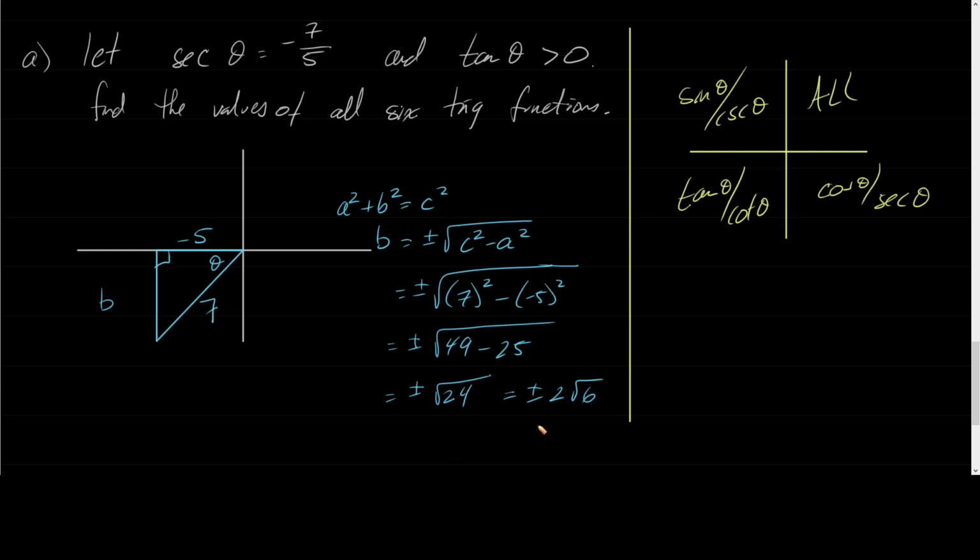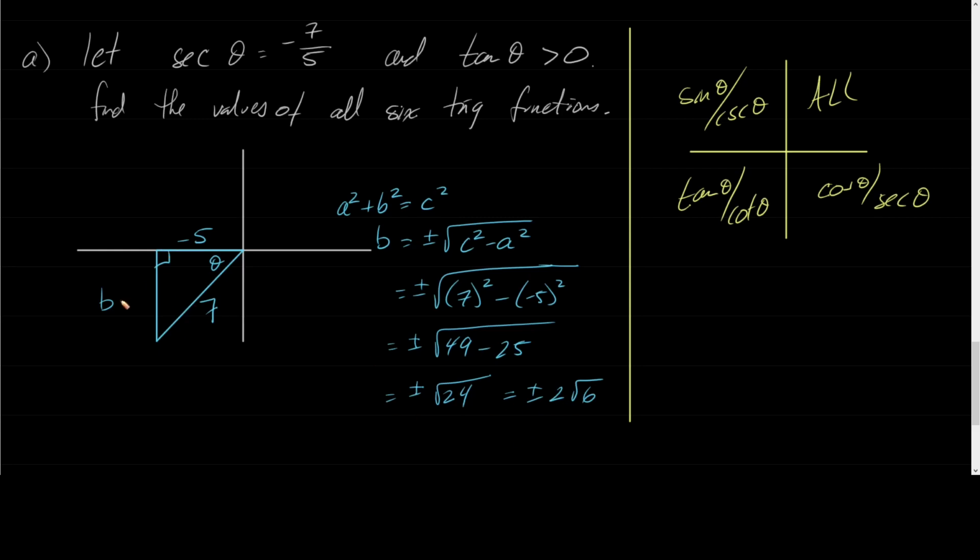Now notice I still have a plus or minus. Normally, with a triangle in general, the sides are actual distances, so it must be a positive value. However, because we have this triangle on the coordinate axis, we have to account for the possibility of a negative value, which is exactly what we get here.